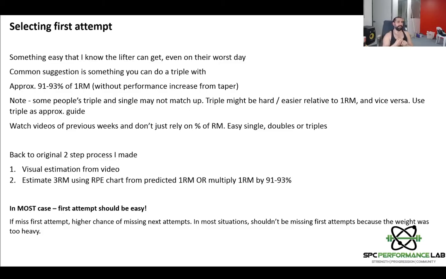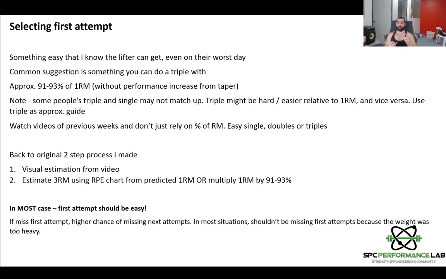So you may not always use that percentage of the 1RM, so I like to do, again, a 2-step process, like I mentioned last time, when I'm selecting the first attempt. 1, I'm going to look at their video, probably of the heaviest lift that they did in training, and I'm going to get a visual estimation of what I think the opener should be based off that video. Also, I'm going to look at other videos during that training, either that week or even weeks prior.